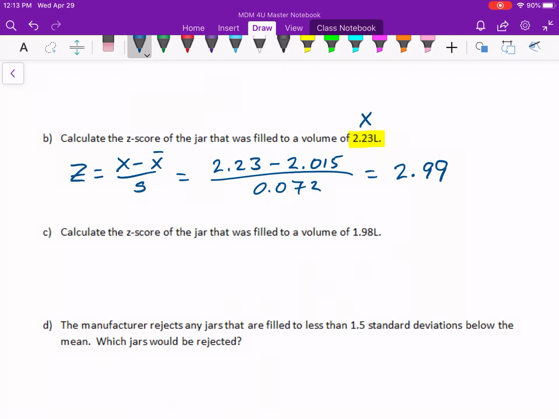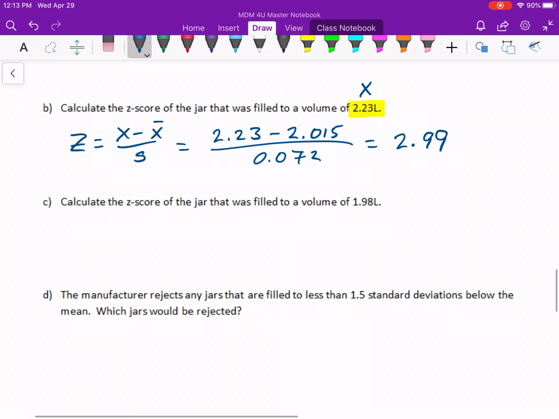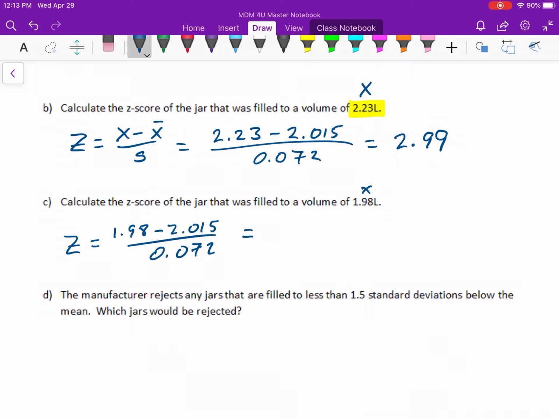Calculate the Z-score for a jar that was filled to 1.98 liters. That's X again, but for a different Z-score. So now it's 1.98. The mean and the standard deviation don't change, so I have the same numbers there. When I work that out, I get negative 0.486.